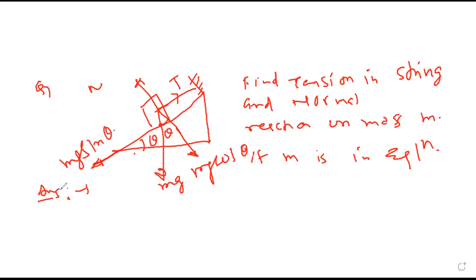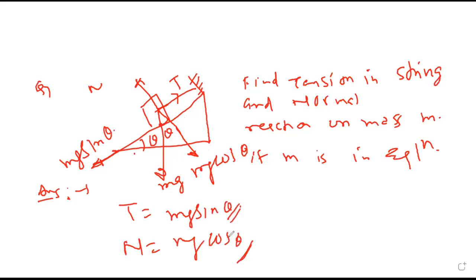So T will become mg sin theta, this is tension, and normal reaction is mg cos theta. This is the answer: mg sin theta, mg cos theta.